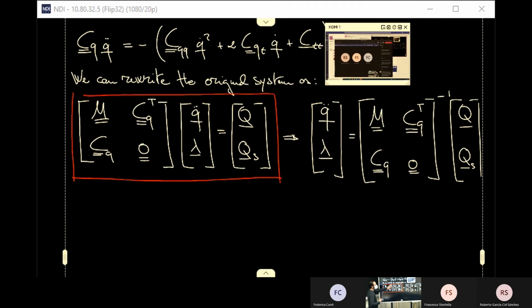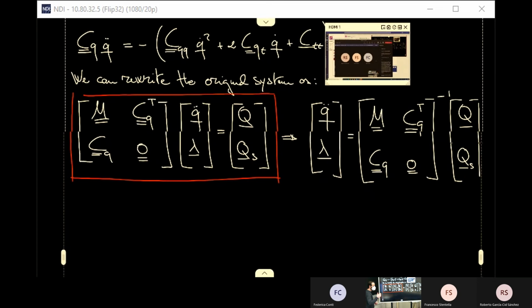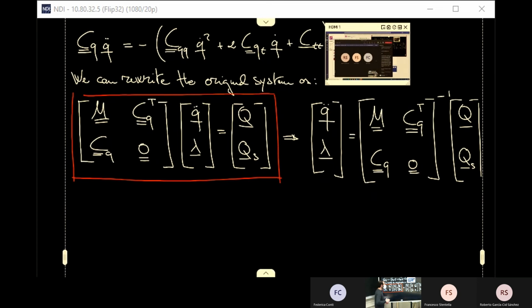If you're not careful enough, you may not recognize them, but they are basically the same. So this is for me the main form in which you should be aware of these equations, because this is how the codes are also written. But for those of you who will be interested in pursuing a research career or whatever, you should be aware that this is not the only one that exists.